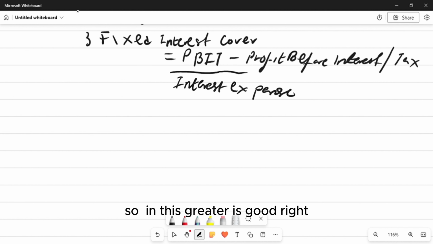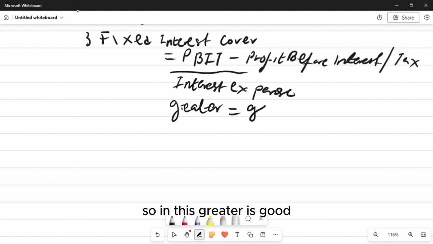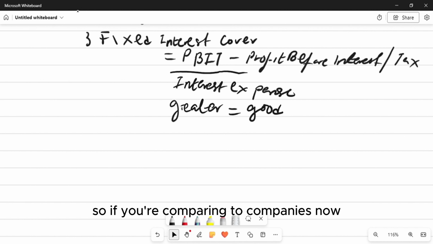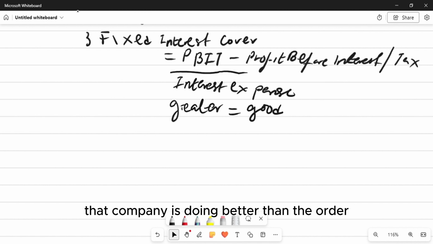In this, greater is good, right? It was just in the solvency ratio that greater was bad. In this, greater is good, so the higher the better. If you're comparing two companies and one has a higher fixed interest cover, that company is doing better than the other.